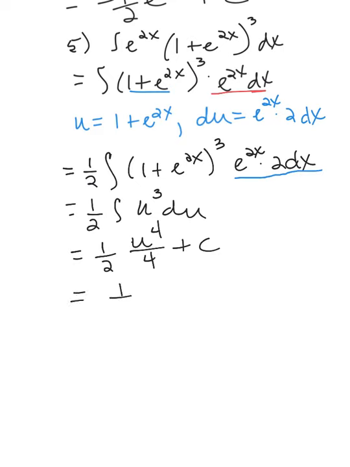That gives us 1/8 times u to the 4th plus c, or you can put u to the 4th over 8. Either one is fine. That will give us 1/8 times u was originally 1 plus e to the 2x raised to the 4th plus c.